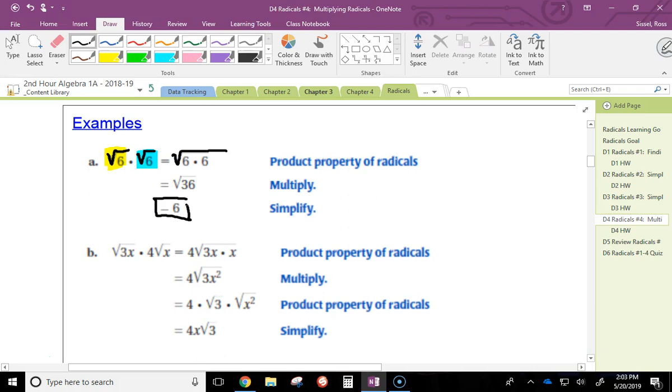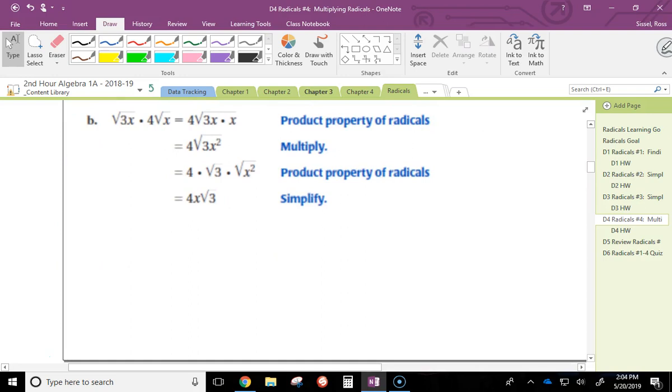If I do the square root of a number times the square root of the same number, well, that's squaring a number. Because squaring something like x squared, that just means x times x. So if I do square root of a number times square root of a number, that's squaring it, and squaring undoes square root. You'd only be left with whatever one number was under there that was common.